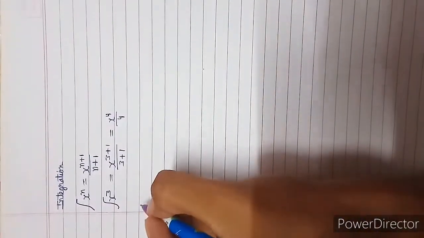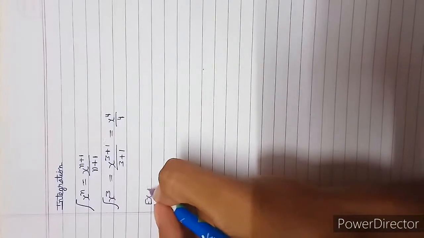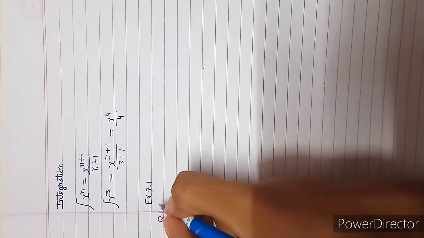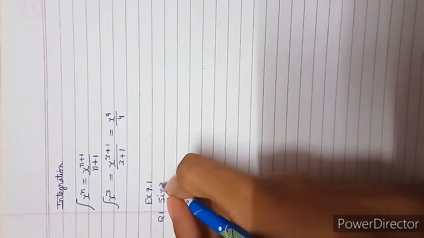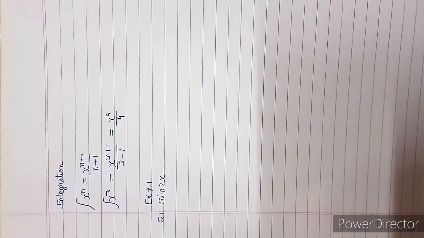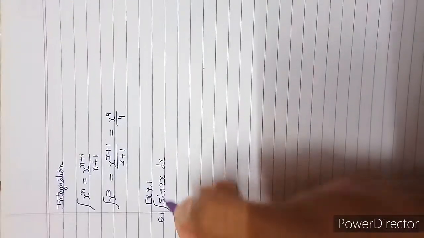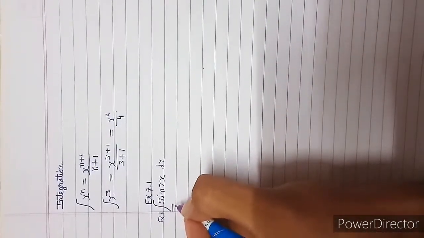Now we will start with exercise 7.1 question 1, which is sine 2x. So now we will integrate it. So what will be our result?